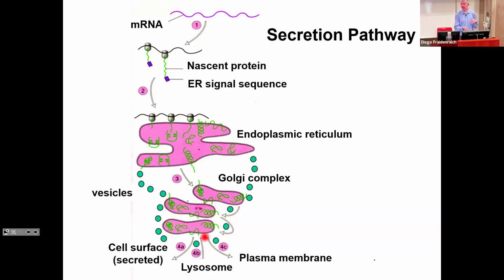And the Golgi is quite complex, with different substructures: cis, medial, trans Golgi. From the Golgi, most would go to the plasma membrane. Proteins that are modified in the lumen of the endoplasmic reticulum would find themselves on the surface of the plasma membrane.